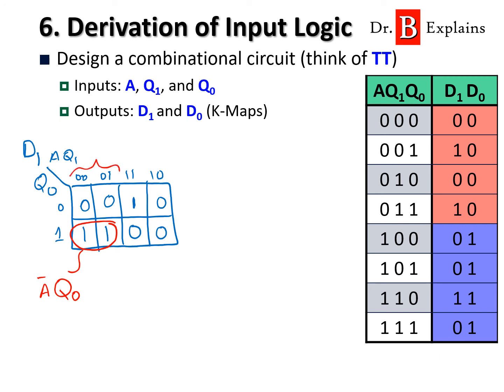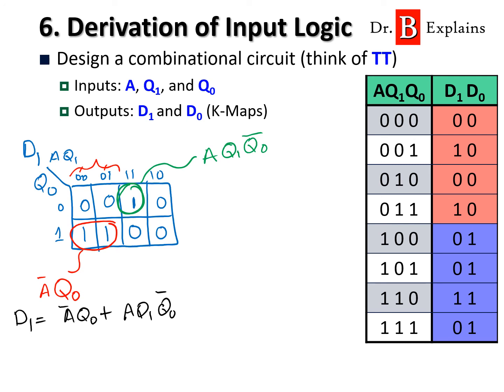Remember, we're right here, where this one is 0 and this one is 0. Then we also have this one right here, which is A, Q1, and Q0 not. So the final function for D1 is equal to A Q0 not, or A Q1 Q0 not.